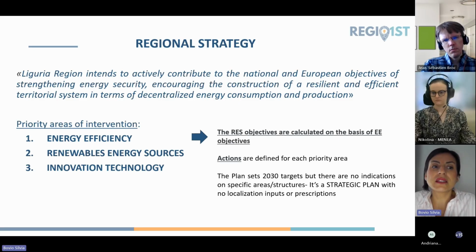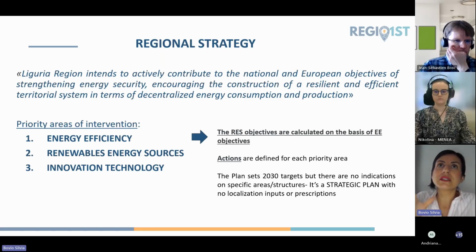So we identified some priority areas of intervention and some actions, but in our plan there are no indications about specific areas or structures or projects, because this is a strategic plan. So Liguria region, through its regional plan, gives the regional territory some strategic addresses, and identifies some actions.